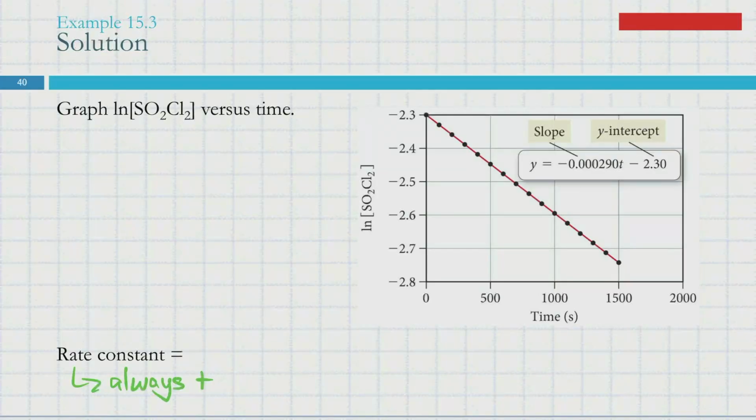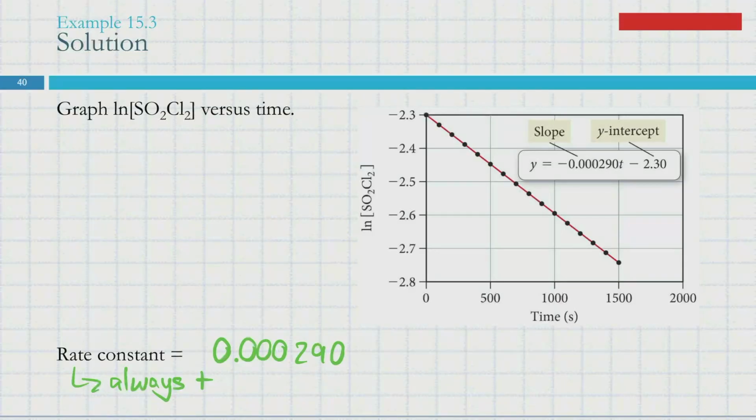Our rate constant is always going to be positive, so we'll just use the positive version. So whatever the slope is, with the positive sign, is going to be the rate constant. For this, yes. It's always going to be positive, right? Yes.